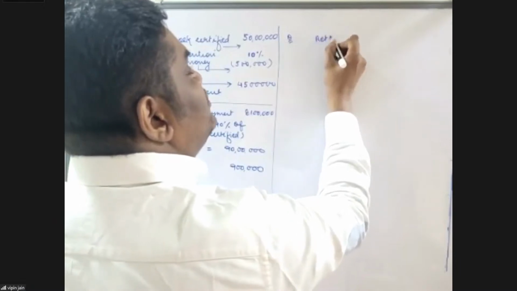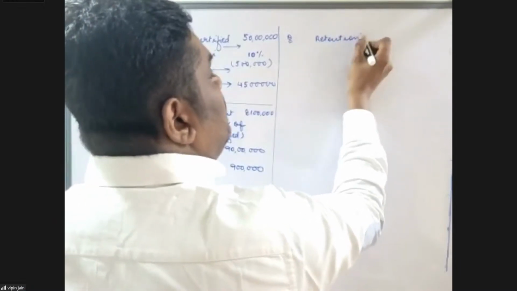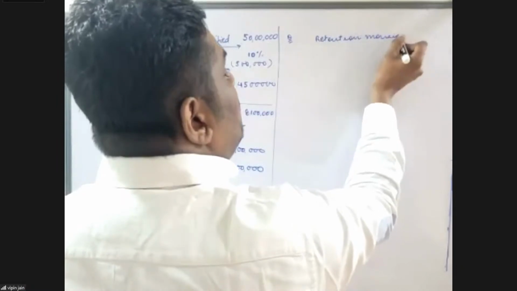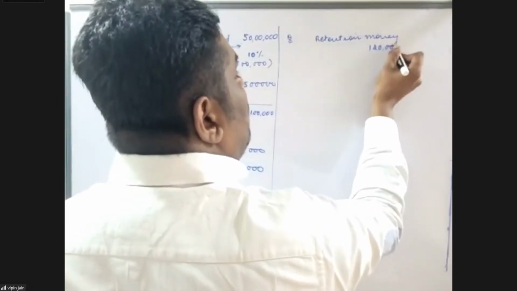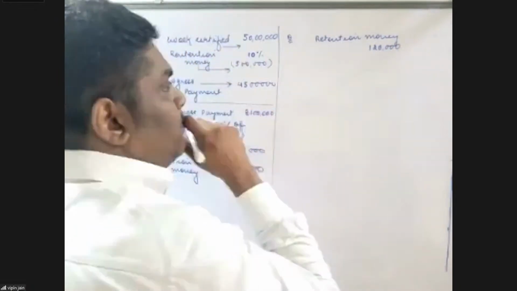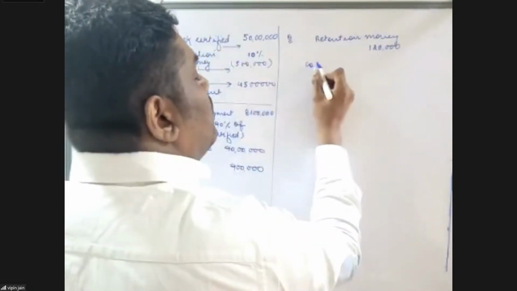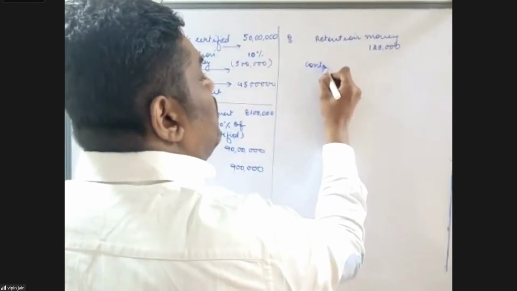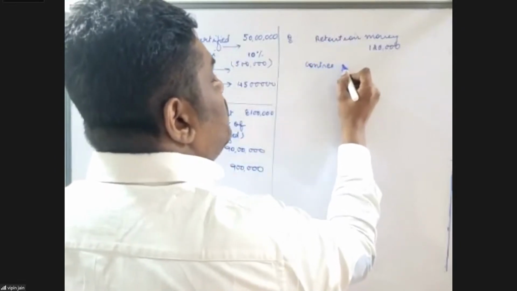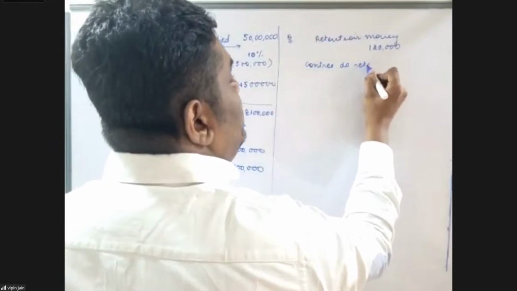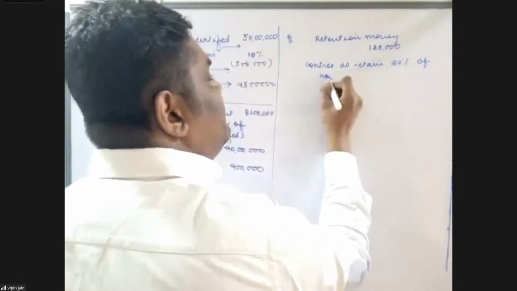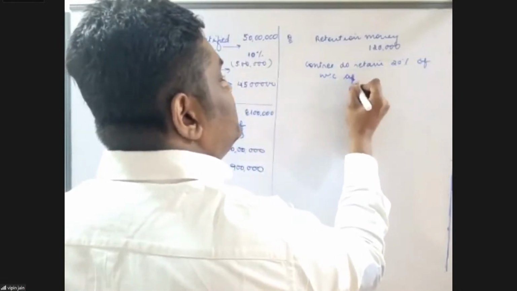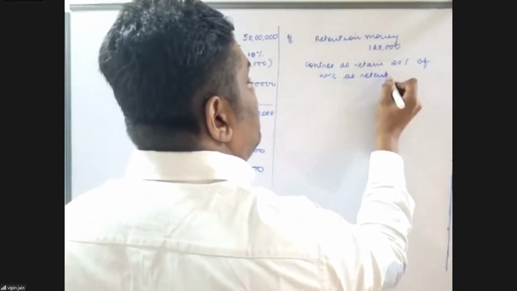Let's say the retention money. Contractee do retain 20% of work certified as retention money.